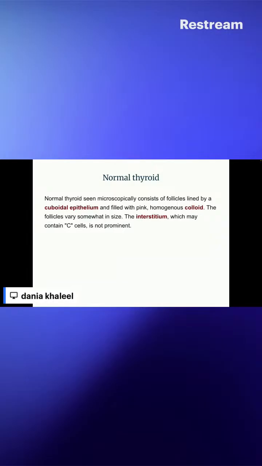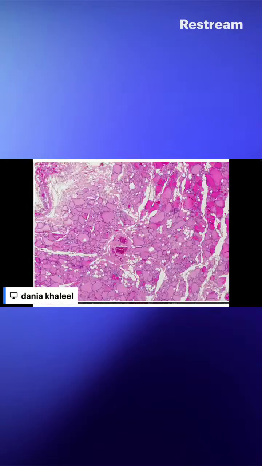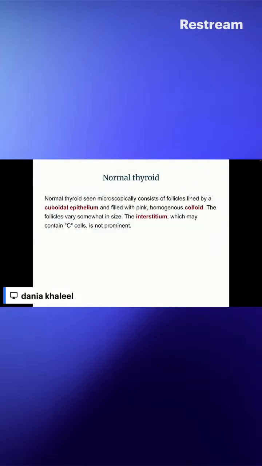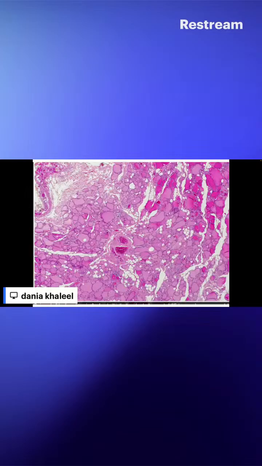The good thing about thyroid histology is that it's very distinctive. Nothing in the body looks like the thyroid. Whenever you see these spaces, these follicles, pinkish circles varying in size, you know you are looking at the thyroid. The thyroid consists of follicles lined by cuboidal epithelium.